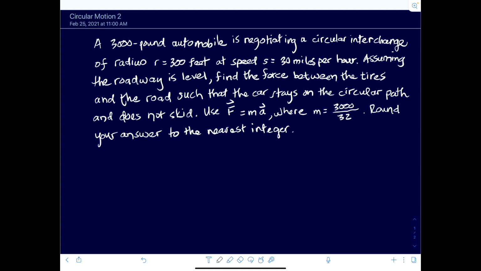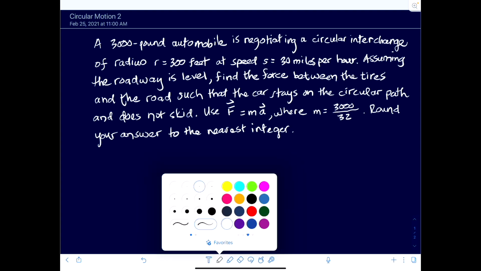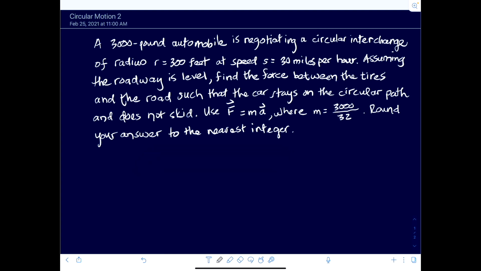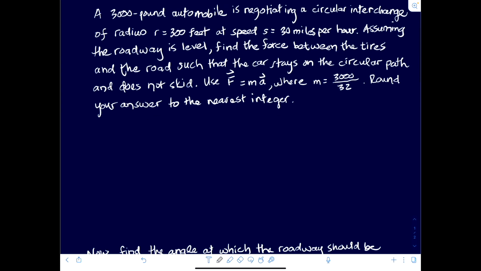All right. So here, if you have a road, this is a circular motion type problem. You've got some kind of road here. See how well I draw this.